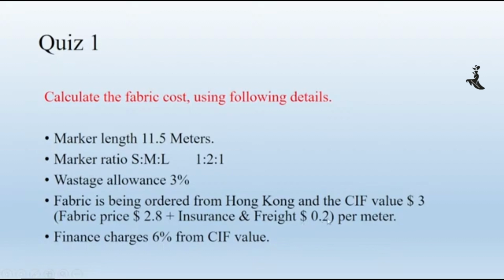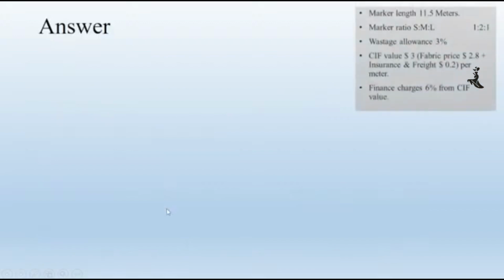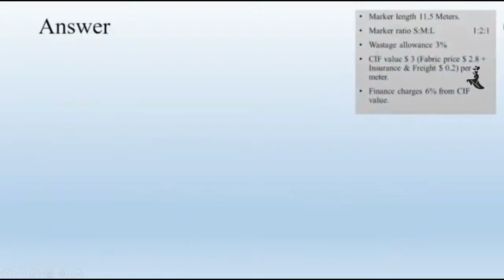Now how do we calculate? This is the question I keep. Consumption: marker length divided by number of pieces, 4, is 2.875 meters per piece of required fabric. Based on that we can calculate the additional allowance, the fabric wastage allowance.